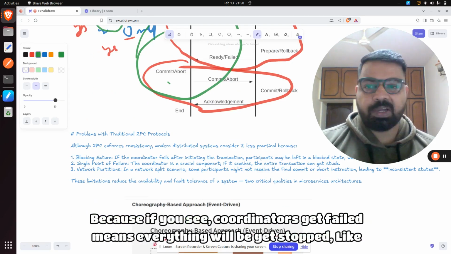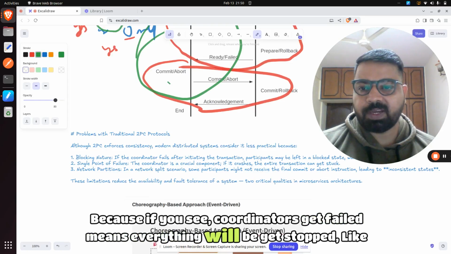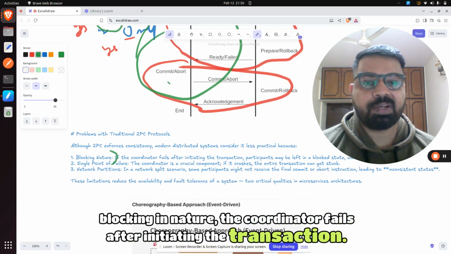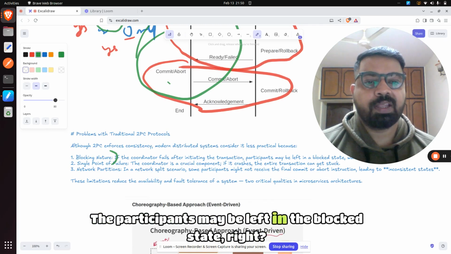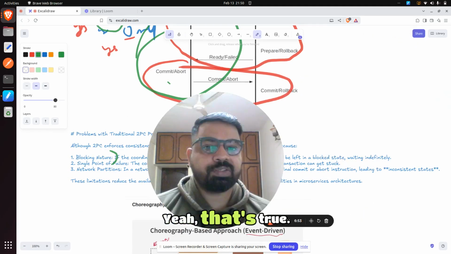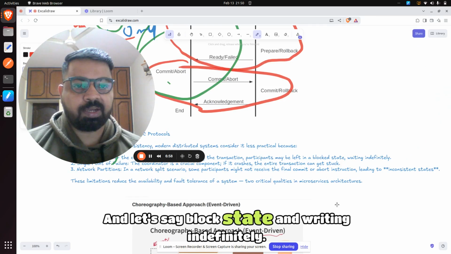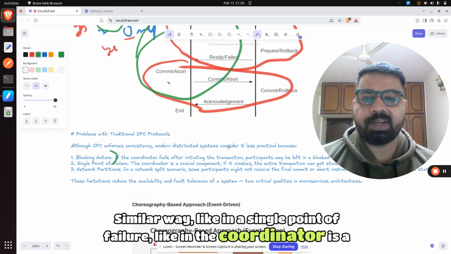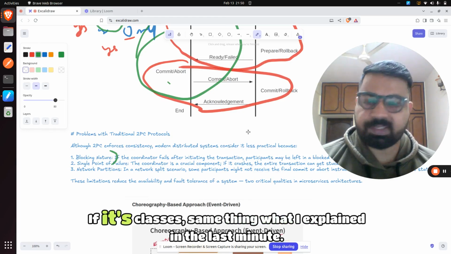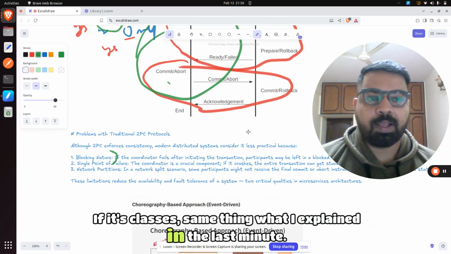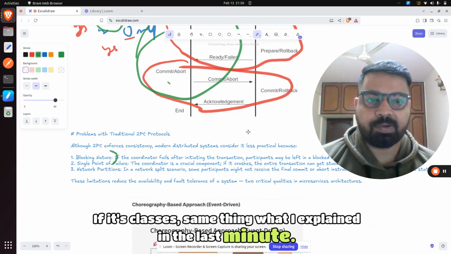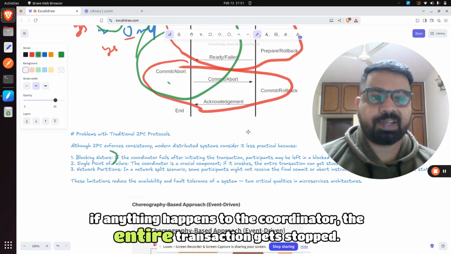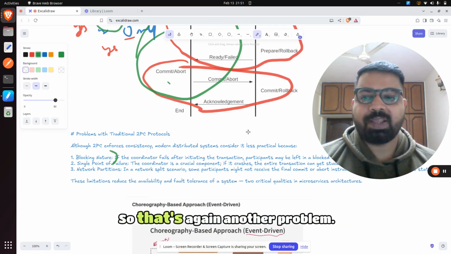If the coordinator fails, everything will be stopped, right? It is blocking in nature: if the coordinator fails after initiating the transaction, participants may be left in a blocked state, possibly indefinitely. Similarly, in a single point of failure, the coordinator is a crucial component, so if anything happens to it, the entire transaction stops.